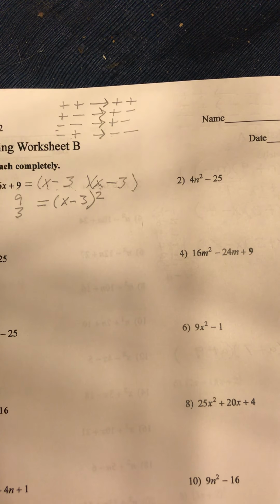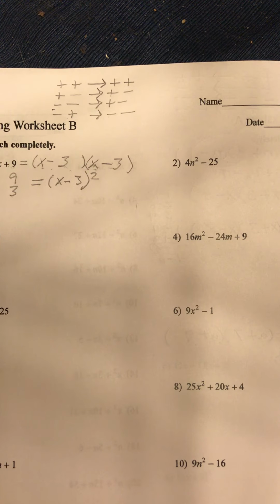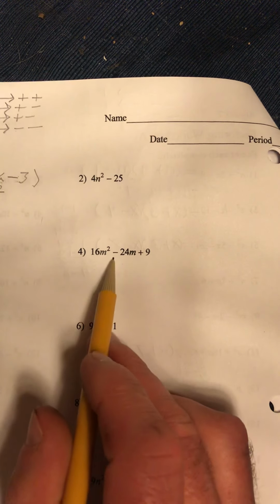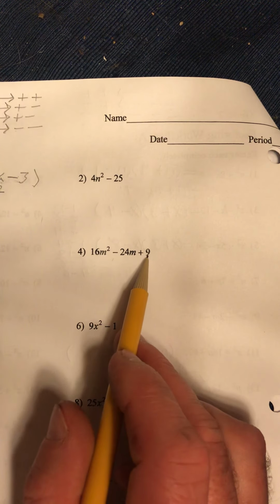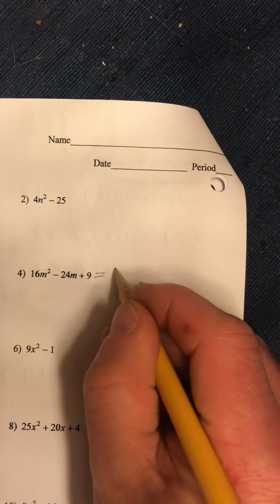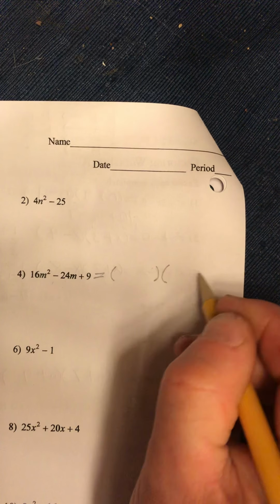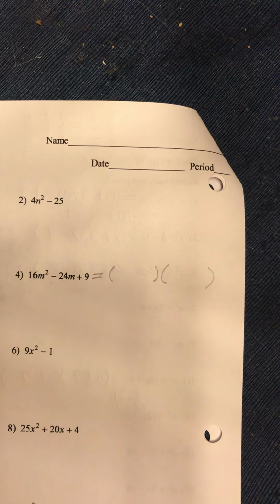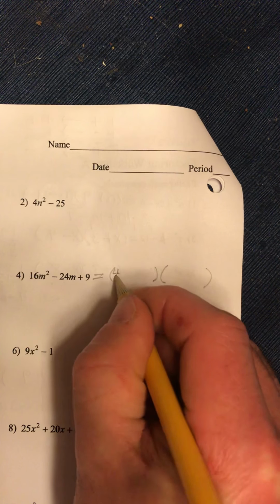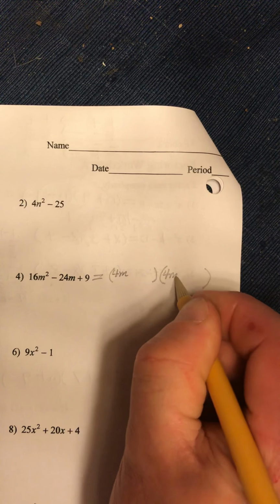Okay, so let's do another one, okay? This time, let's look at 16m squared minus 24m plus 9. Okay, so again, I'm working with perfect squares on this worksheet. So I know that for the outside, I've got 4m times 4m, because the square root of 16 is 4.